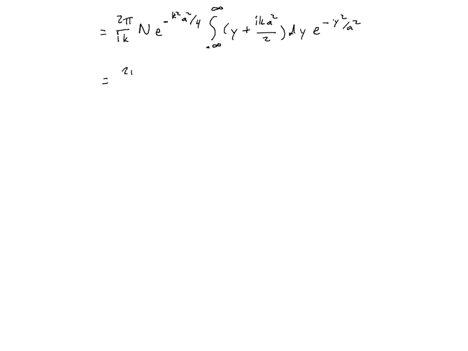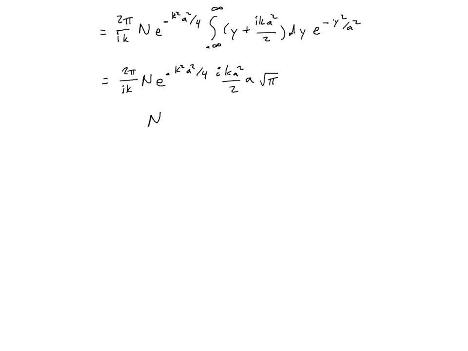And so what I ended up getting then was 2 pi over ik n e to the minus k squared a squared over 4, and then the solution of the integral is ik a squared over 2 times a square root of pi. Okay?